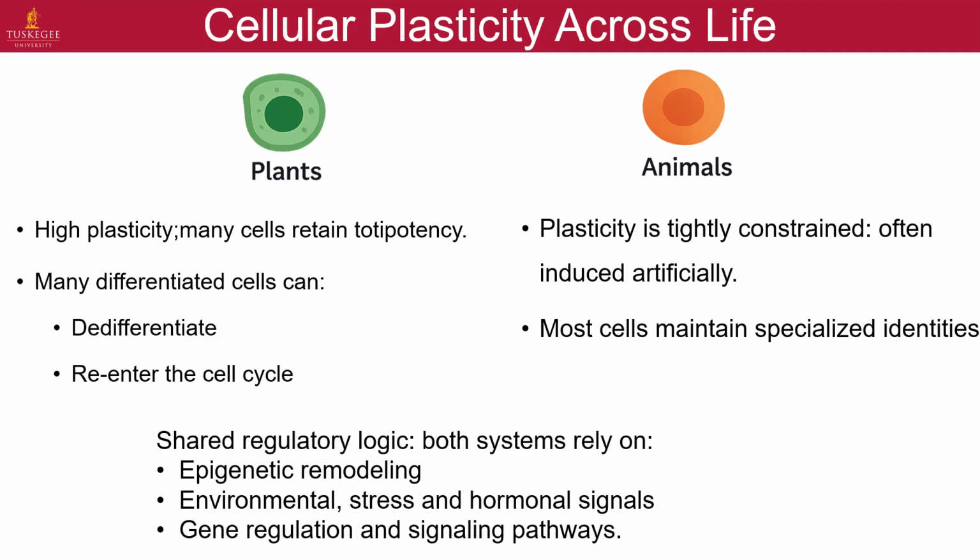As explained in class today, in plants cellular plasticity is high compared to animals, mainly because plant cells tend to retain their totipotency. Totipotency is the ability of a single cell to develop into an entire organism, as we saw in plant cells, whereby we initiate leaf cells to form a callus, then from the callus it forms the embryo, from the embryo we develop it into the shoot, and from the shoot, given the right nutrients, it develops into an entire plant.